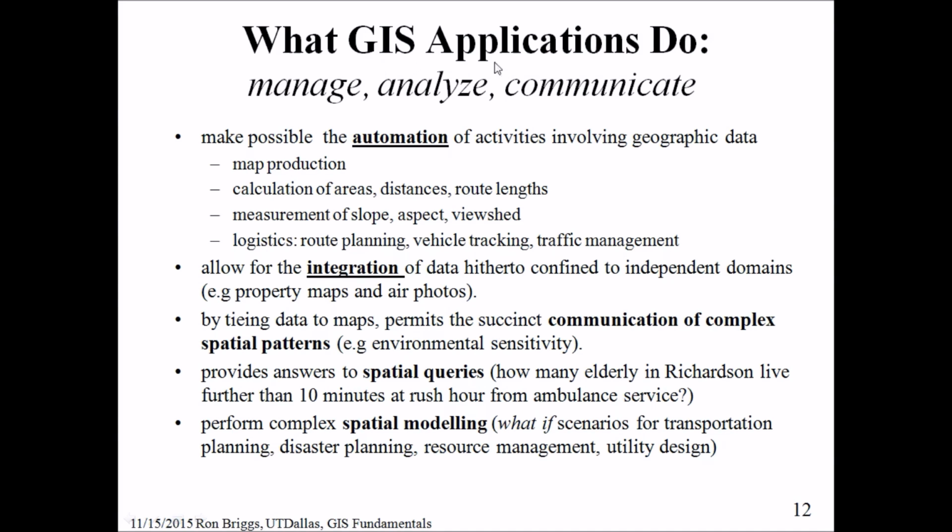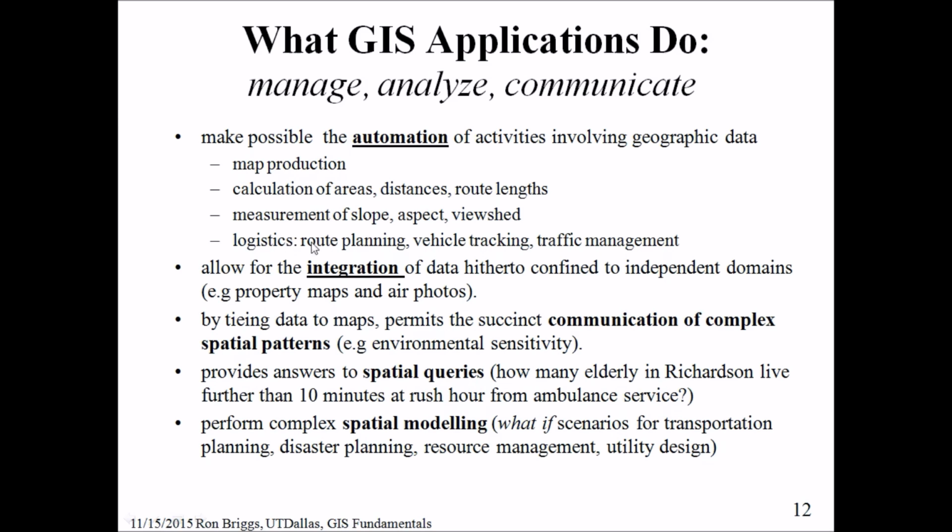So what do GIS applications do? They manage, analyze and communicate. GIS applications do all this. It makes possible the automation of activities involving geographic data, like map production, calculation of areas and distances and route lengths, measurement of slope, aspect, viewshed, and logistics like route planning and vehicle traffic management.